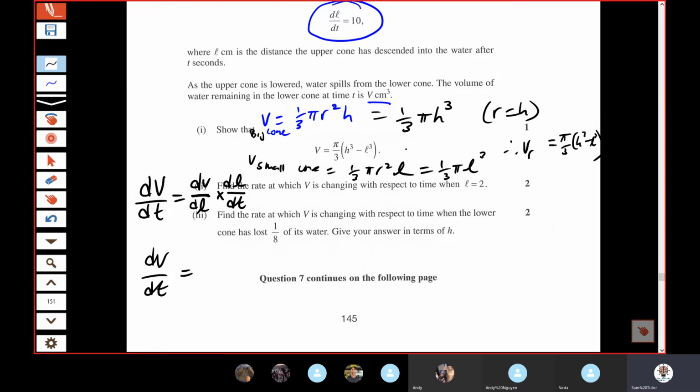So when I expand this V, it's pi on 3 h cubed minus pi on 3 L cubed, and that first term is 0. So the answer should be negative 3 pi L squared on 3, negative pi L squared, L is 2, negative 4 pi. Easy?